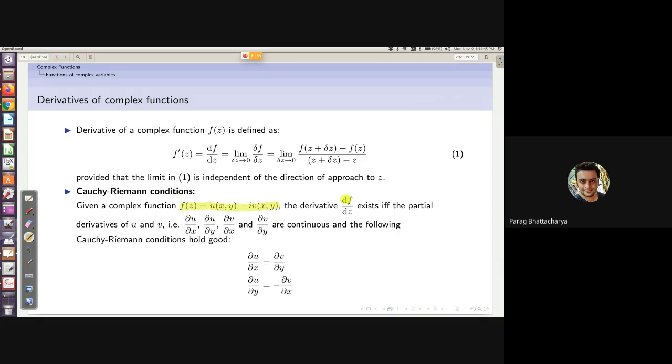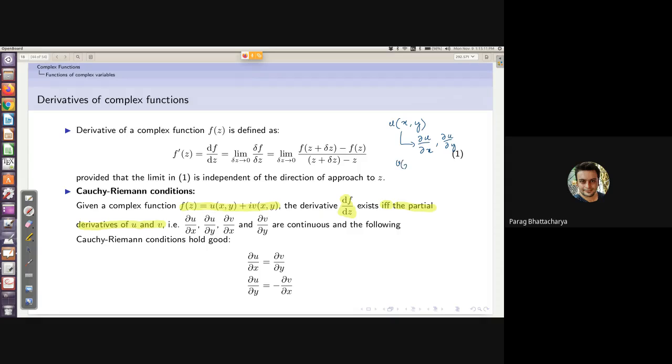The derivative df by dz exists if and only if the partial derivatives of u and v exist, because remember, u is a function of x and y. If u is a function of x and y, then u is going to have a partial derivative with respect to x, and it will have a partial derivative with respect to y.